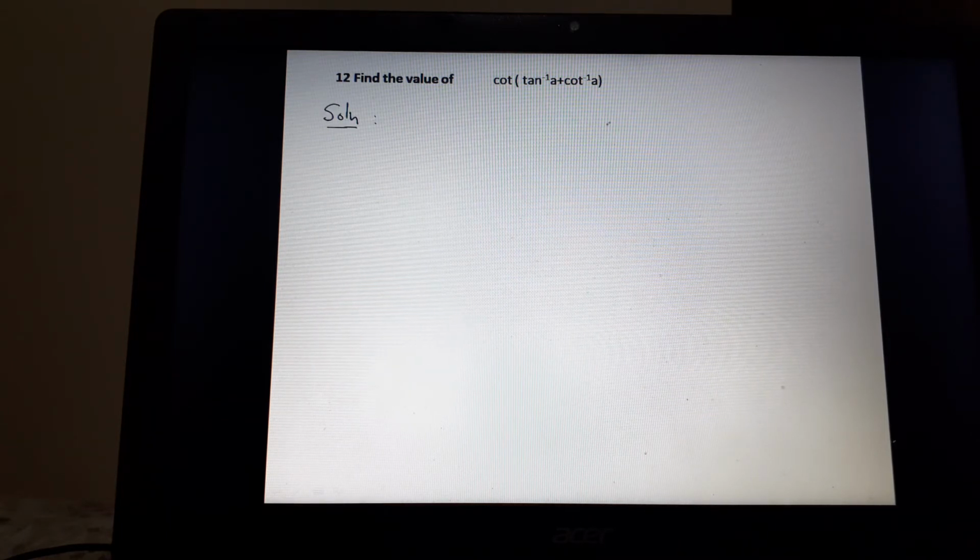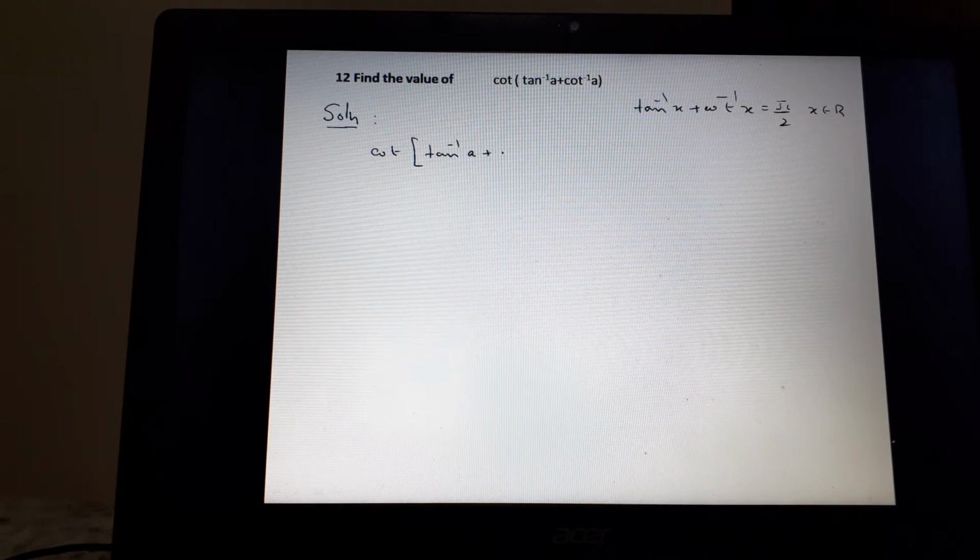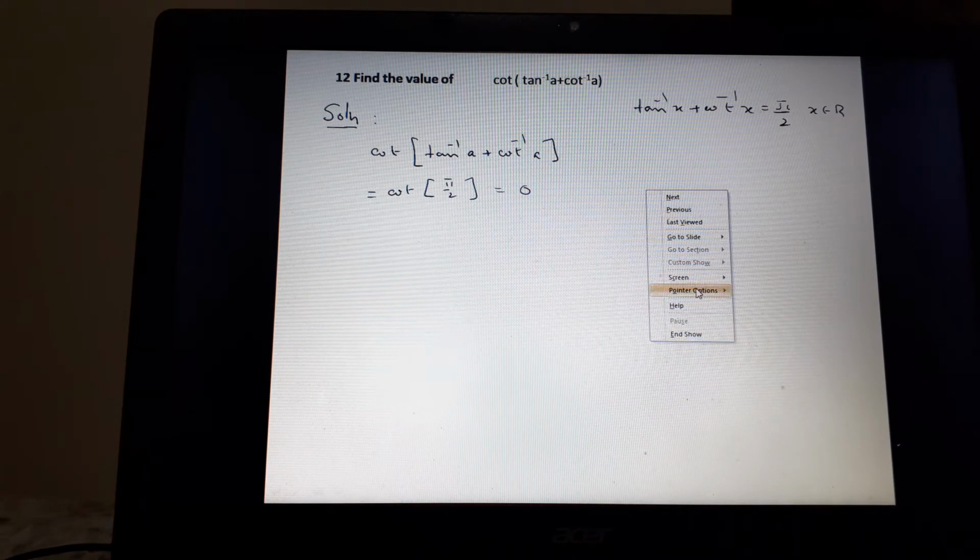We have seen tan inverse x plus cot inverse x is always pi by 2, with x belonging to R. So here, cot of tan inverse A plus cot inverse A will be equal to cot of pi by 2, and cot pi by 2 is cos pi by 2, so it is 0. So 0. This is a very simple question.